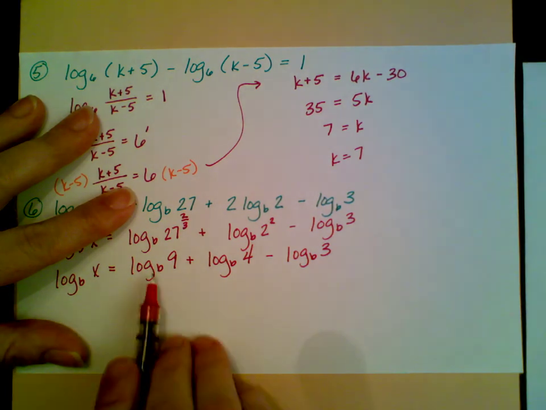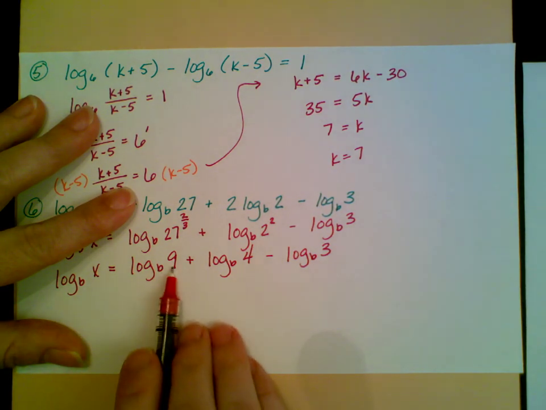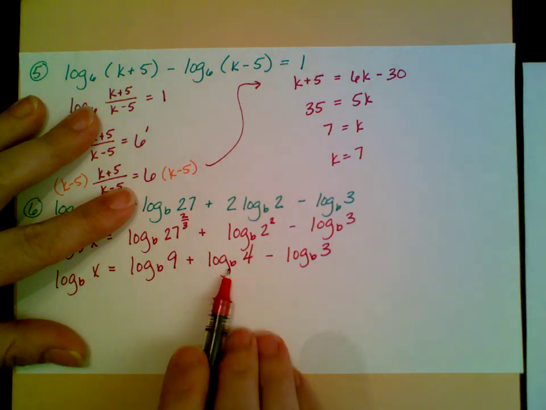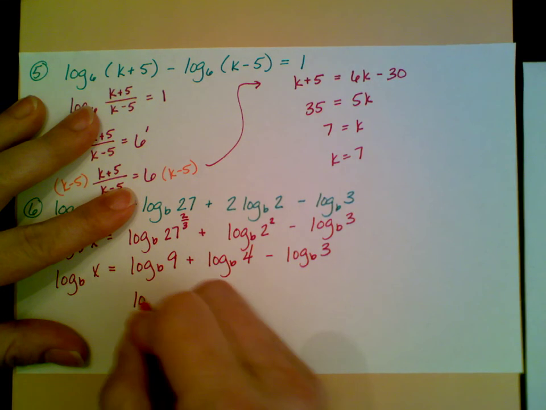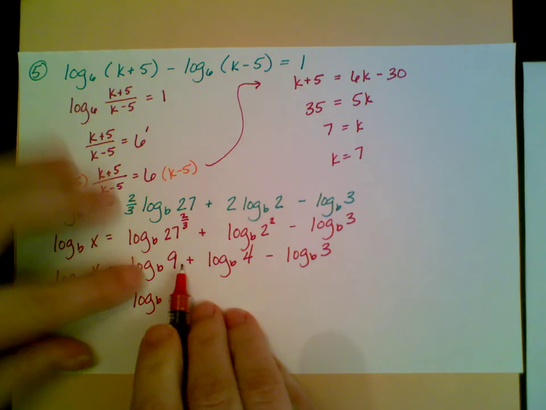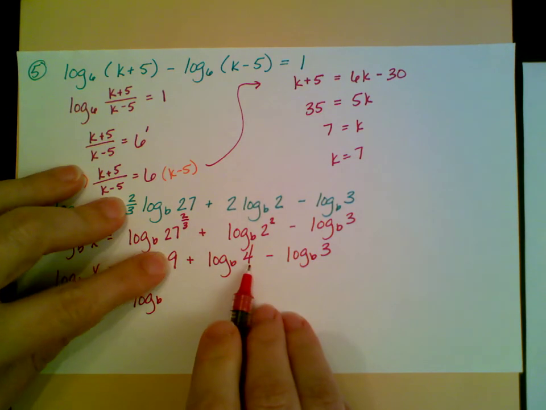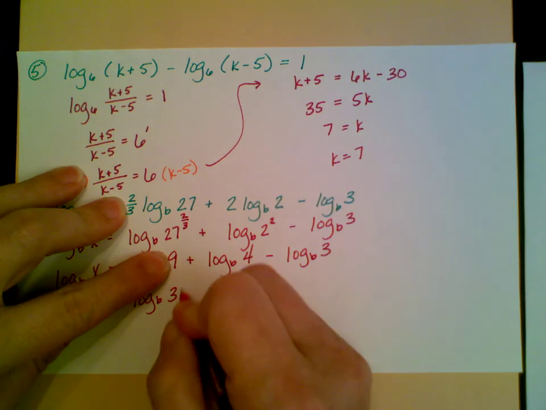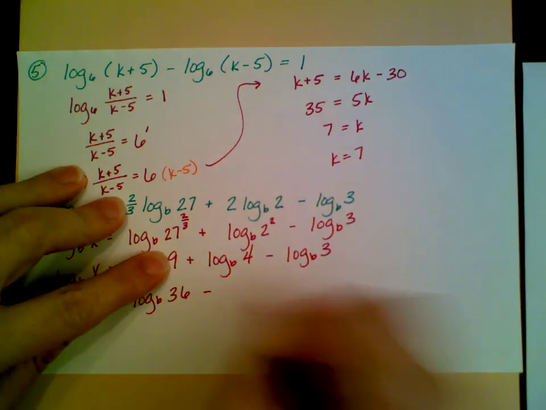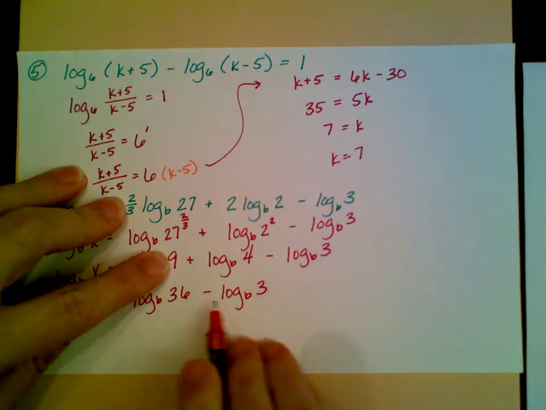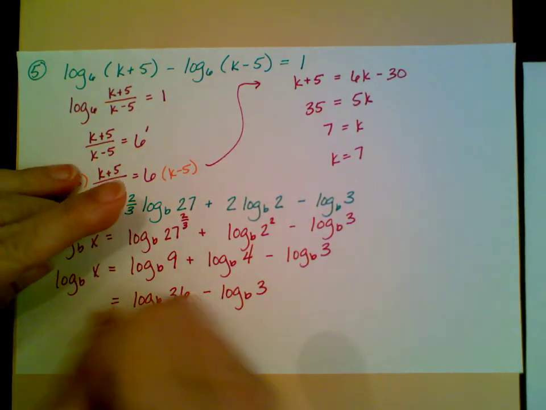So now I'm going to start combining these. I have addition between these two logs, which means I can write that as a single logarithm with multiplication in the input. 9 times 4 is 36. And then I need to keep this minus log base b of 3.